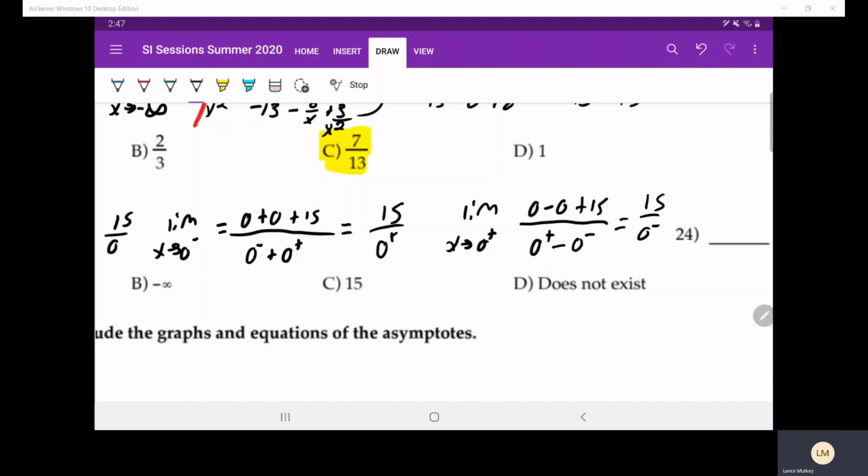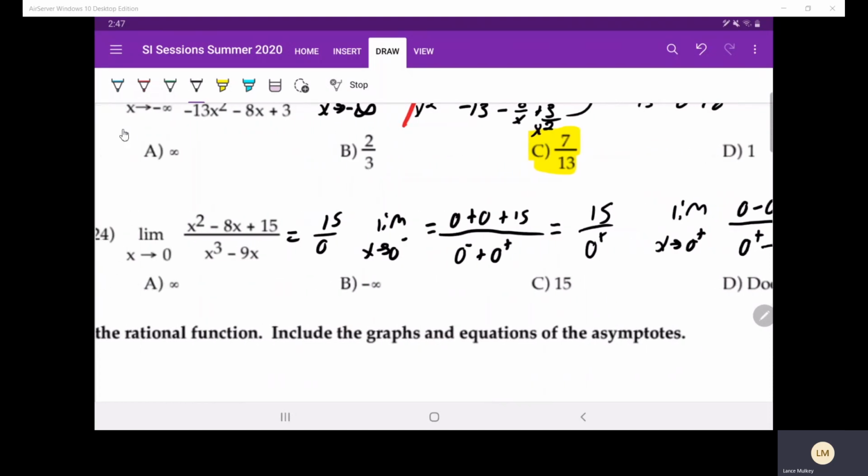Let me test it out real quick. Correctamundo, it does not exist.